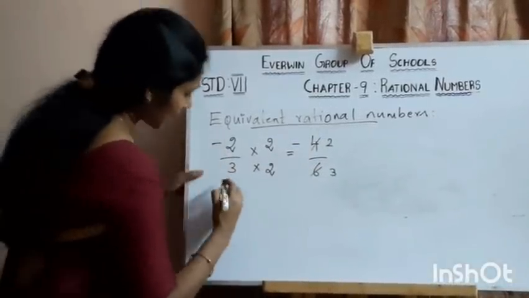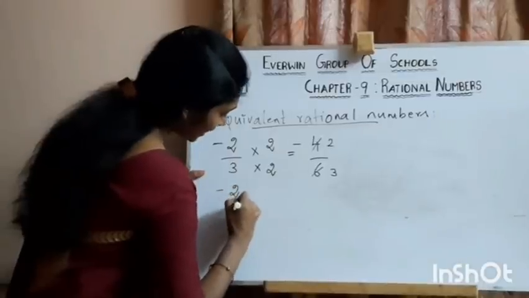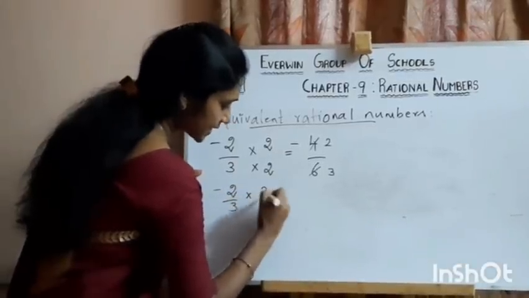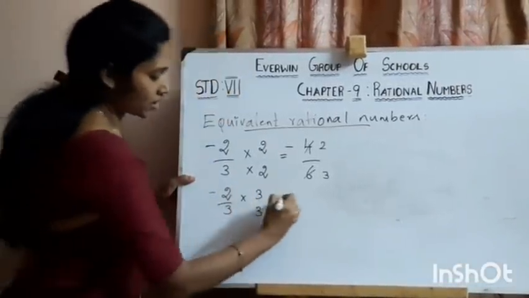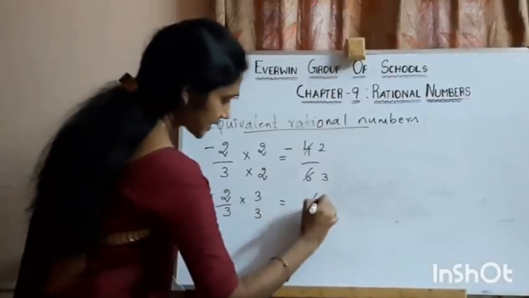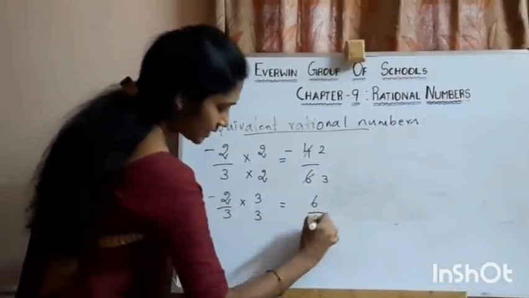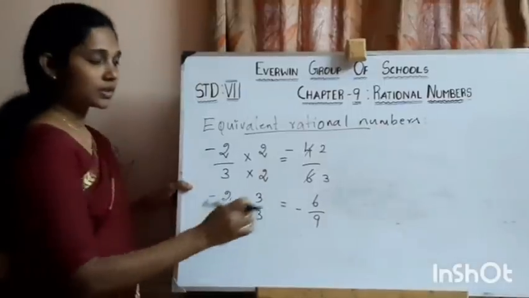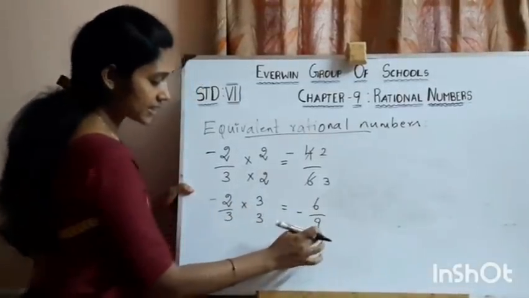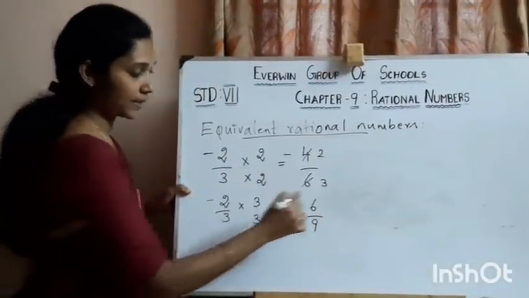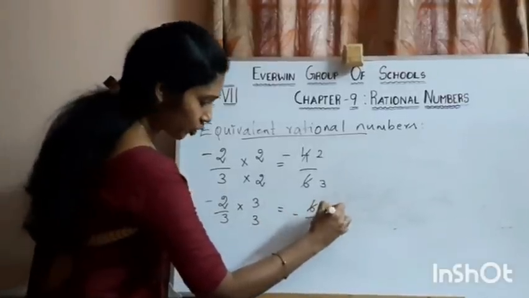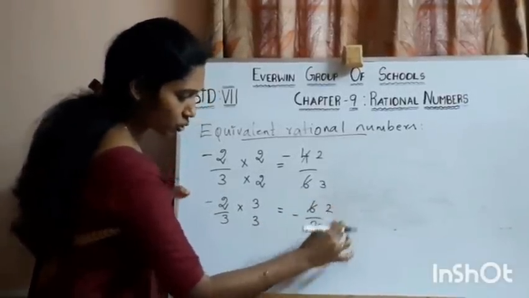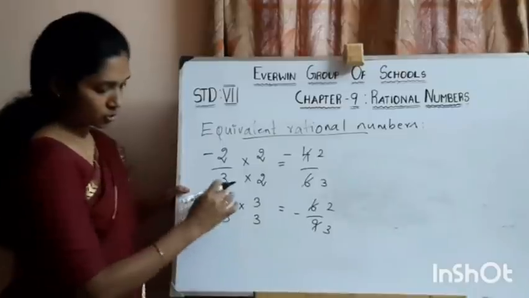Now again I am multiplying with another number, say 3. Same number in numerator and denominator. 2 3s are 6, 3 3s are 9, minus. Here also minus 6 by 9 is equal to minus 2 by 3. This can be cancelled by 2 and this by 3.